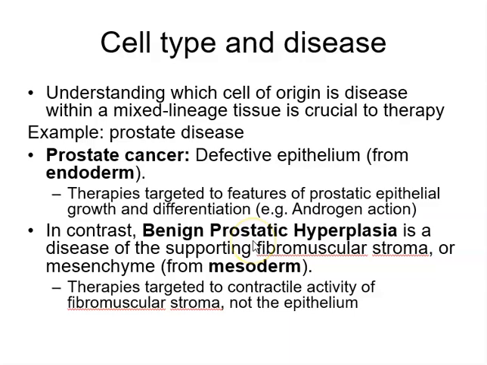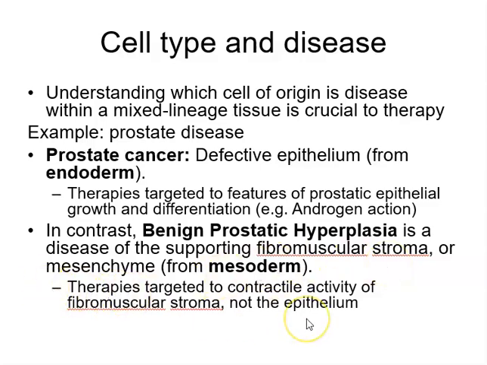I sometimes just call them stroma, because that's a perfectly reasonable word for it, and I will also call it mesenchyme. So mesenchyme and stroma is effectively the same thing, and then you can be more specific and say fibromuscular stroma, especially if it's got smooth muscle-like activity. You put in that fibromuscular term.